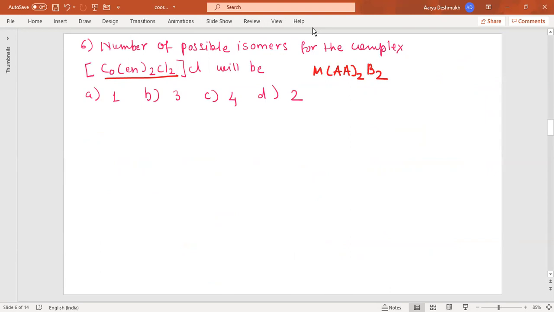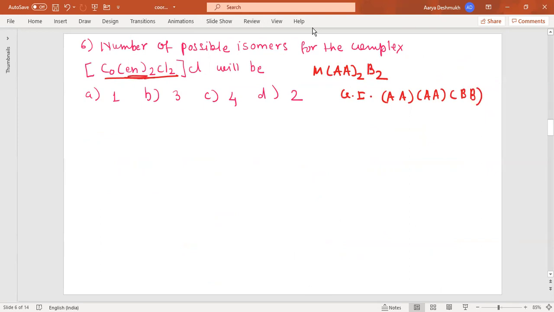Now for this one, possible isomers, you can find out the geometrical isomers. For this you just find out the combinations: AA, AA, and B. So there are two bidentate ligands.